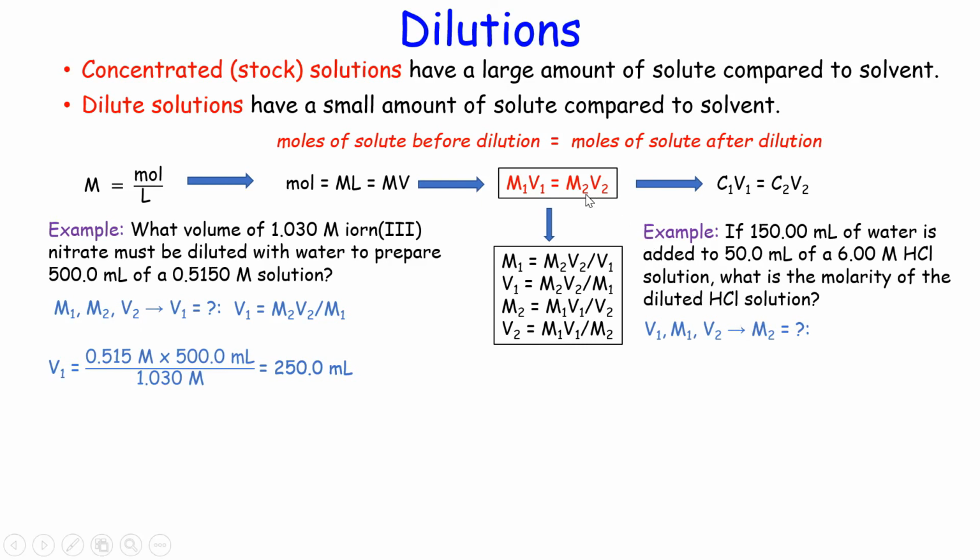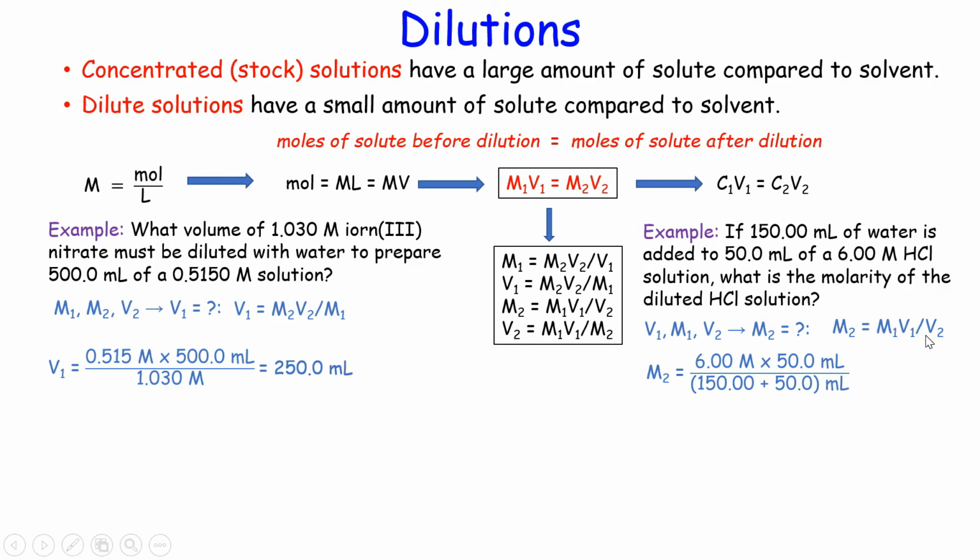If we need to find M2, we just move V2 to the other side as a denominator. So therefore, we have this equation. M2 equals M1, 6 molar, times V1, 50 milliliters, over V2.